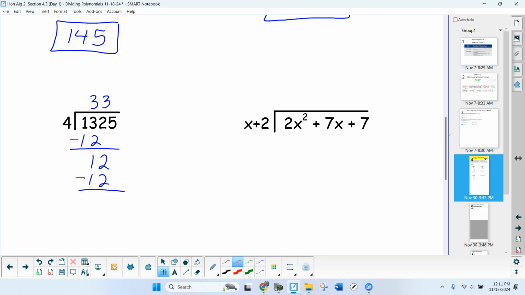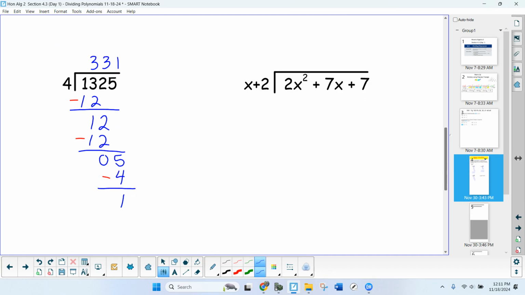Subtract, you get 0. Bring down the 5. How many times does 4 go into 5? Once. What's 1 times 4? 4. Subtract, and what is your remainder? 1. So your answer is 331 and 1/4.